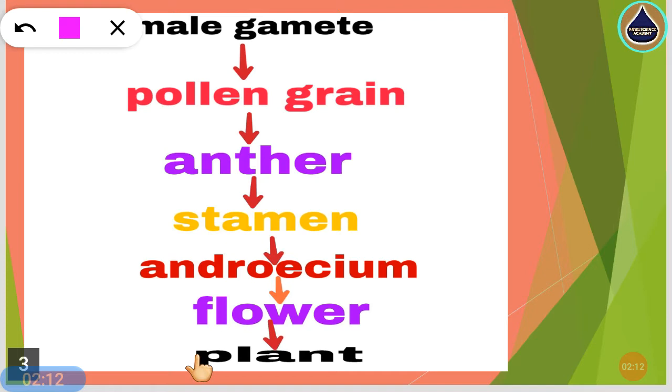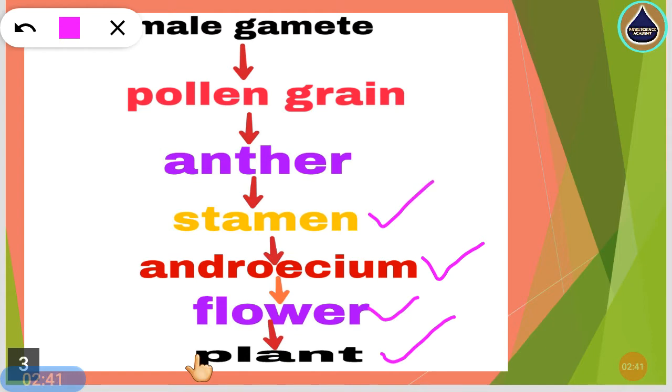So to know where the male gamete is and how it is found, we go from the bottom. The plant body is there. In the plant there is a flower. In the flower there is the male reproductive part, which is called the androecium, and the single unit of the androecium is called the stamen.